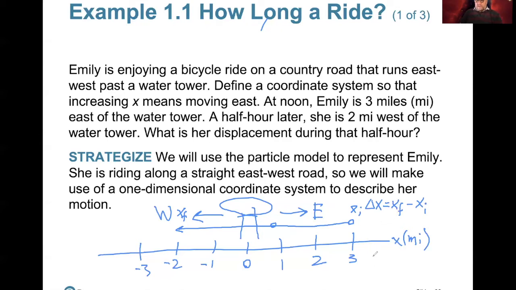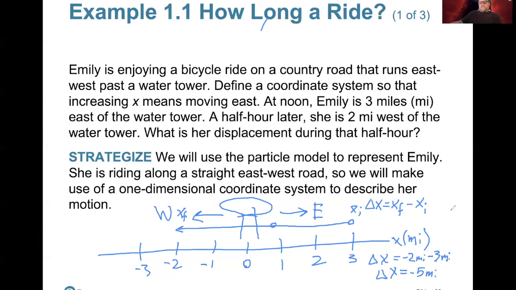So we will have down here, delta x is going to equal her final position, -2 miles, minus her initial position, which is 3 miles. Okay, so that means our displacement, delta x, will equal -2 minus 3, which is going to give us -5 miles.